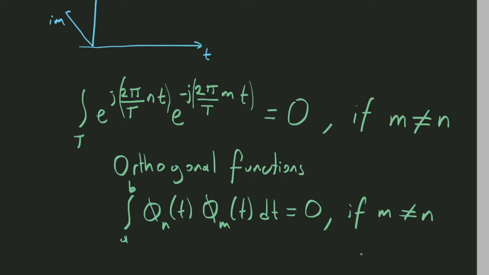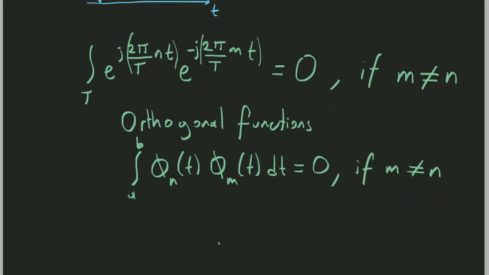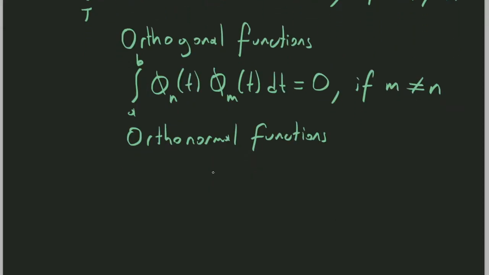But if we add one more property to it, say if m equals n, then this multiplication will be non-zero, and if that non-zero result is equal to 1, then we call them orthonormal functions. That means the integral of phi n of t times phi n of t is equal to 1.